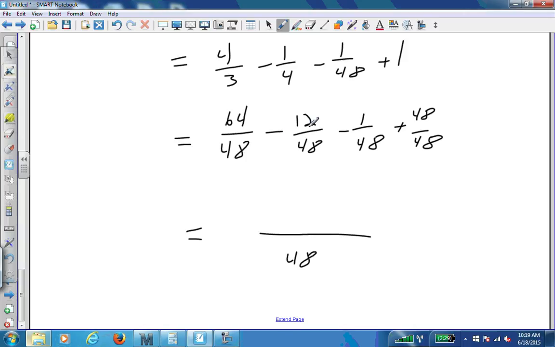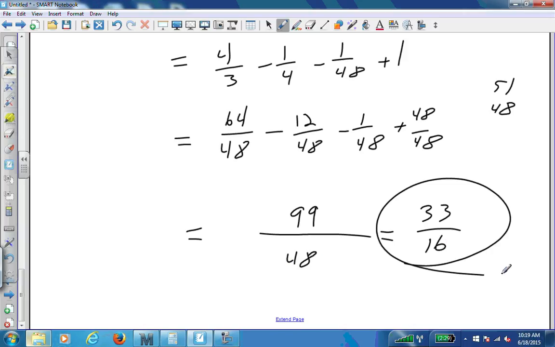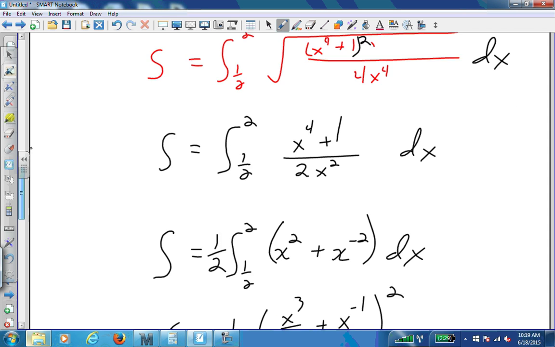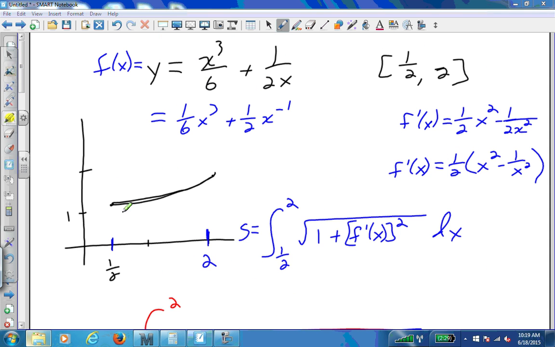Let's see, 64 minus 12, that's 52, 51, 51, and 48, 99. Now that does reduce. 3 goes into 99, 3 goes into 48, and that's as far as we can go with it. So that is the length of our curve as we worked along that path.